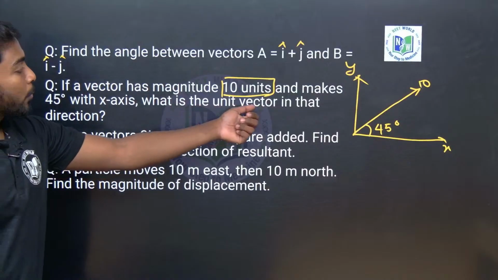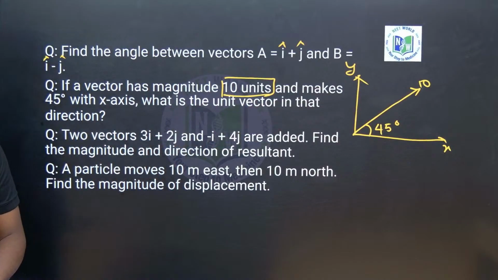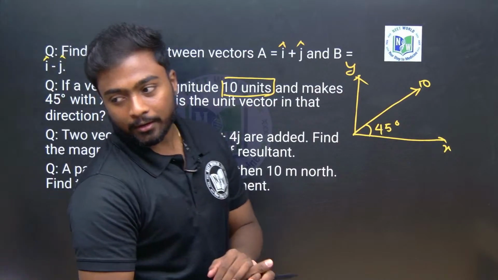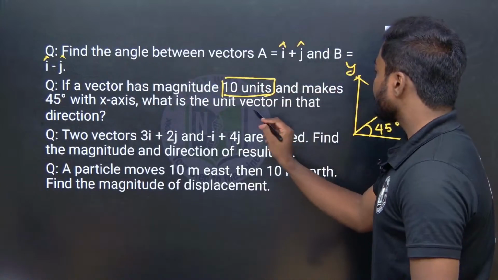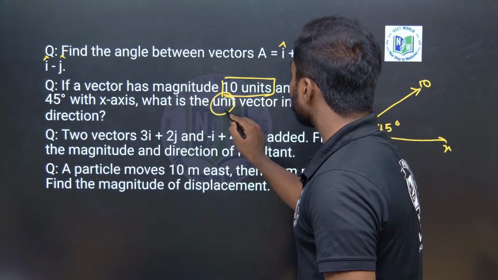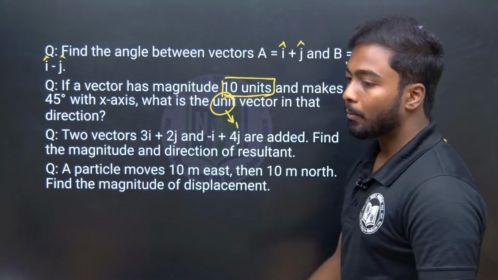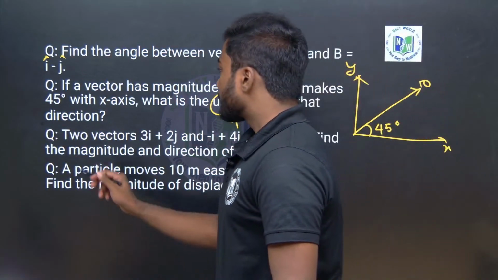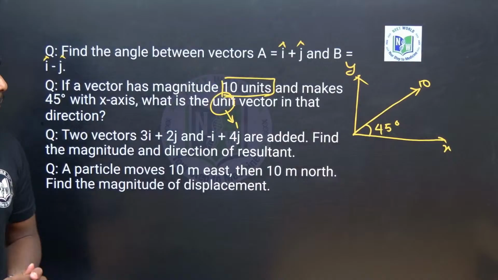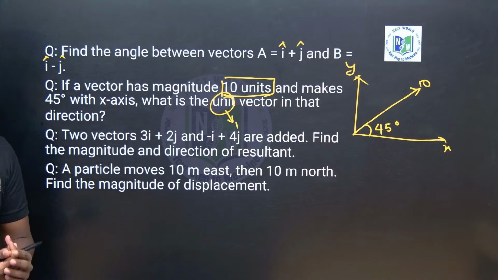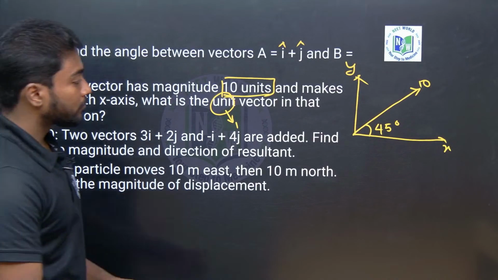What is the unit vector in that direction? They are asking about the unit vector. Unit vector means the value will be equal to 1.